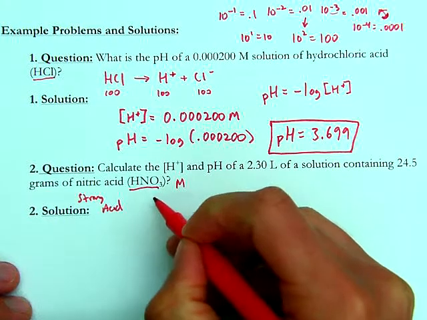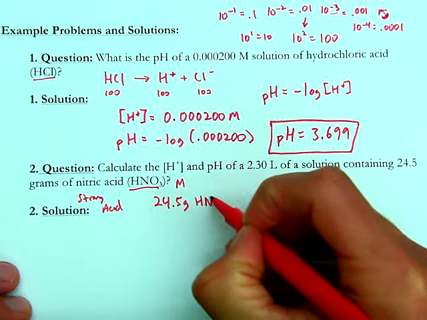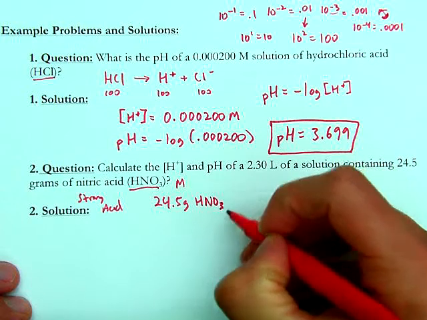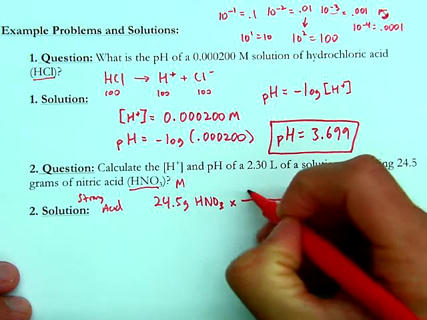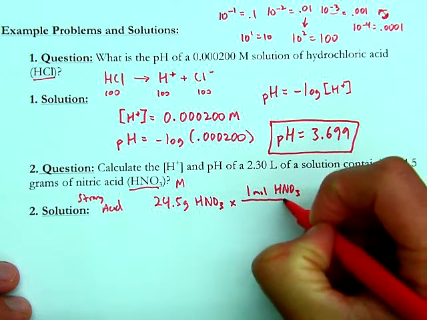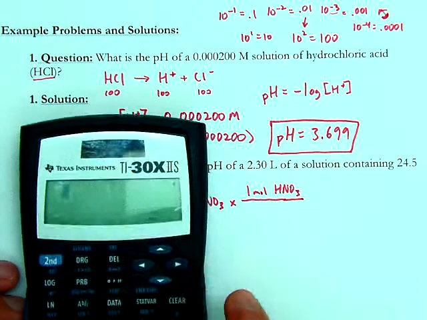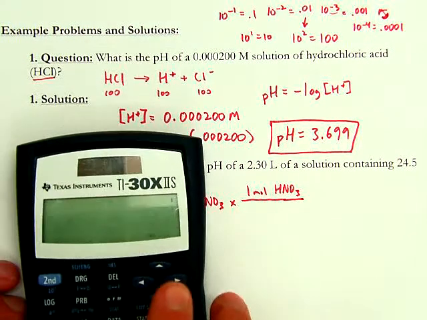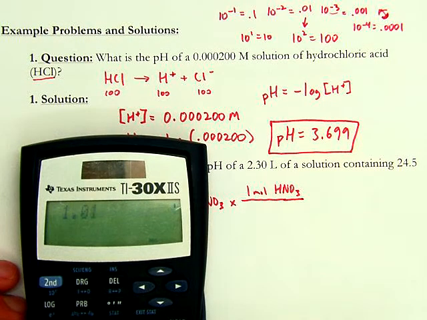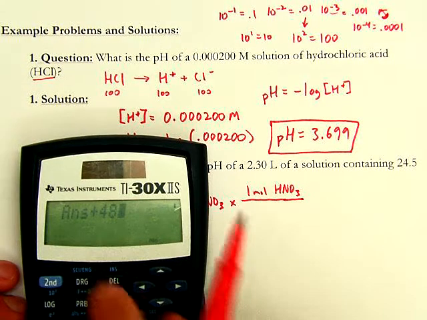So let's convert. We have 24.5 grams of HNO3. We have to turn that into moles. 1 mole of HNO3. Right, so on our calculator, sorry for the glare, hydrogen is 1.01, nitrogen is 14.01, and oxygen is 16 and there's 3 of them, so that's 48.